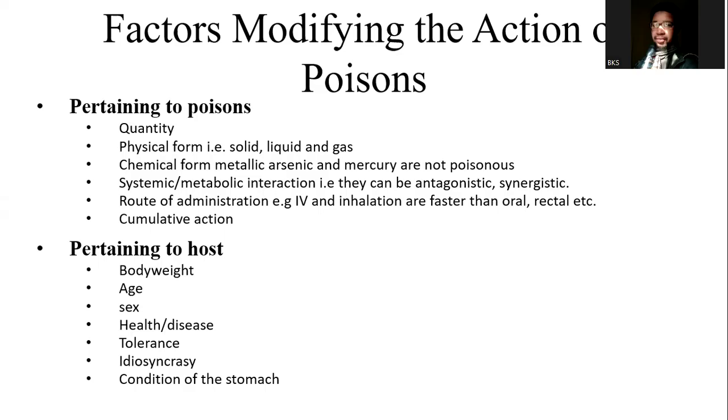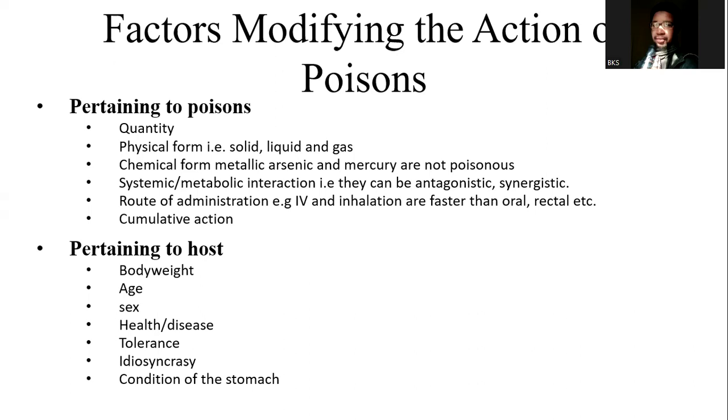Unless in some individuals it may not be due to the high dose, because sometimes a high dose can actually induce vomiting. So if the high dose induces vomiting, it may not actually lead to a high quantity of the poison taken. Then physical form: solid, liquid, and gas.